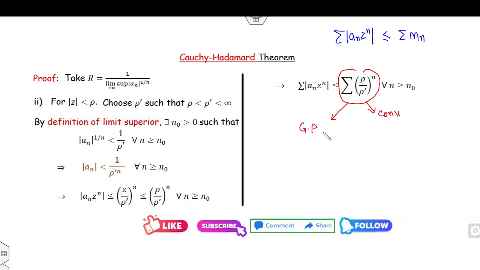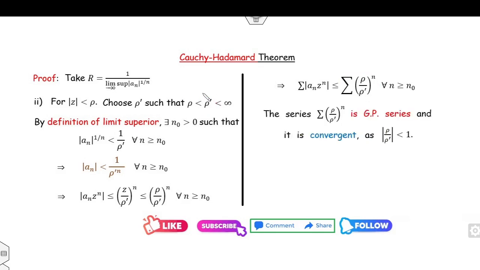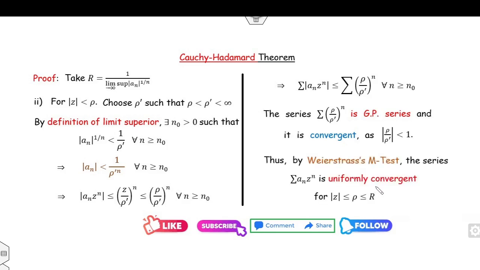Again, this is a GP series, and this GP series is convergent only when rho over rho dash is less than 1. Because both the numbers are positive, you can see it is also satisfied. Fine. So therefore the right hand side is convergent. So therefore by the WM test the given power series is uniformly convergent.